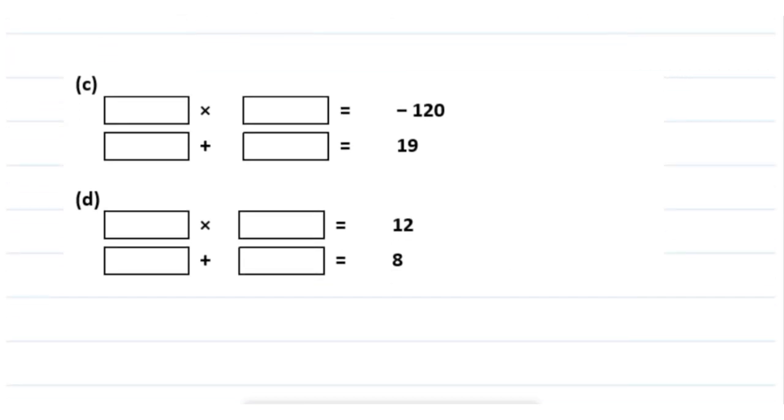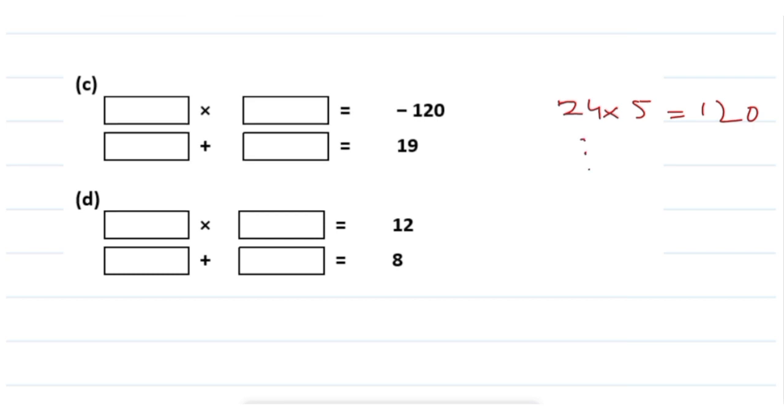Now, similarly, for -120, this is a lengthy one. Rather than spending much time, I'm telling you that 24 times 5 is 120, and other factors are also there.